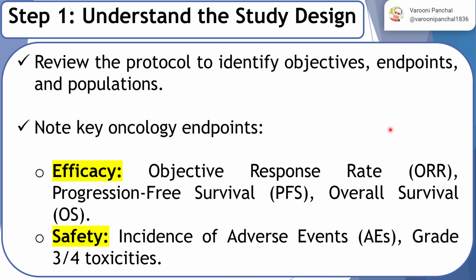So what was the response rate after consuming that specific treatment? Progression free survival, to explain in common layman's language: when I took that treatment for say 6 months or 1 year, the disease should not progress. The progression has stopped, the disease has not progressed, so the tumor size remains as is.